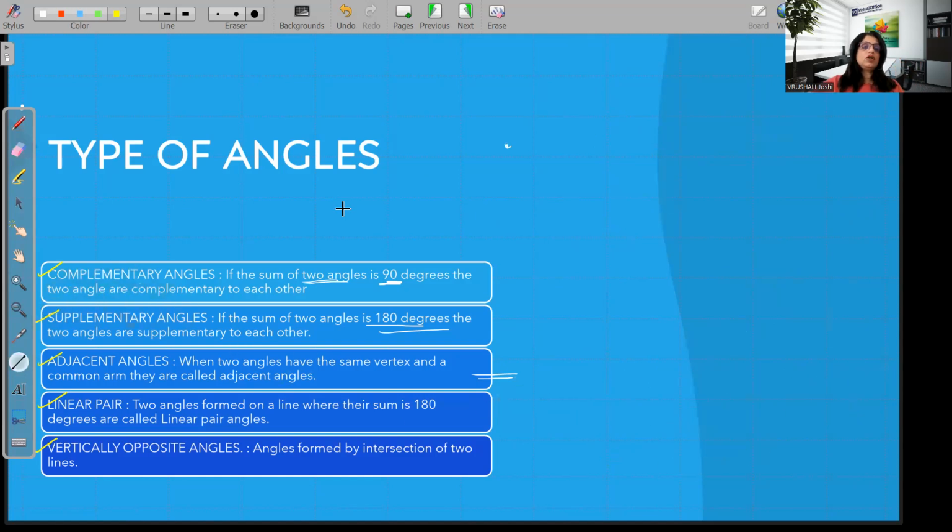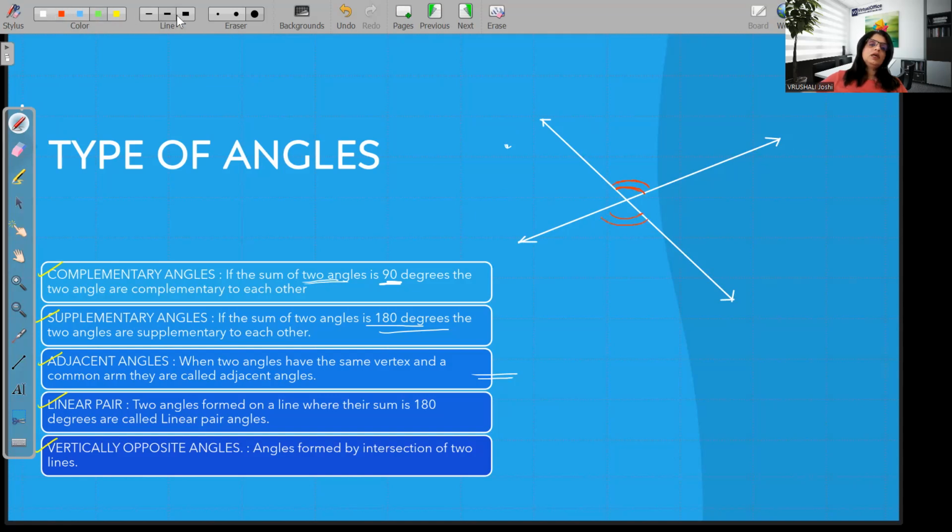What do you mean by vertically opposite angles? For example, if this is one line going on, and you cross it by any other line anywhere. It's not necessary at the center, anywhere. Then can you see it forms this angle, this angle.